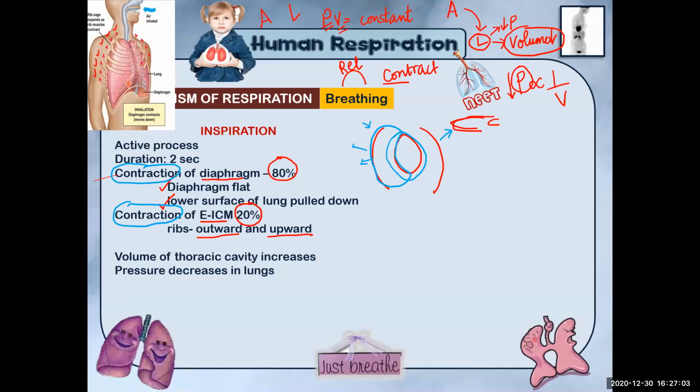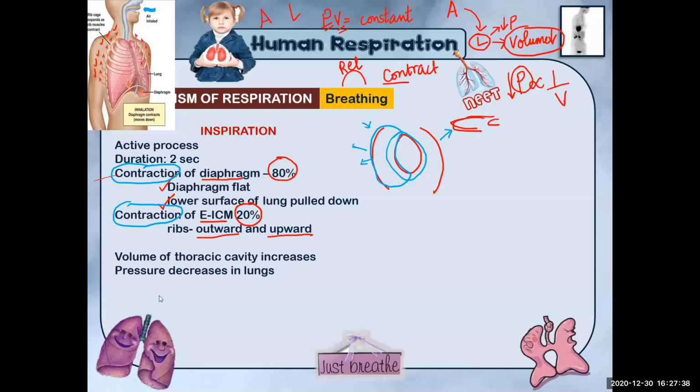And contraction of skeletal muscles is an energy using process or energy releasing process? Correct. So that is why it is an active process, because it needs energy.